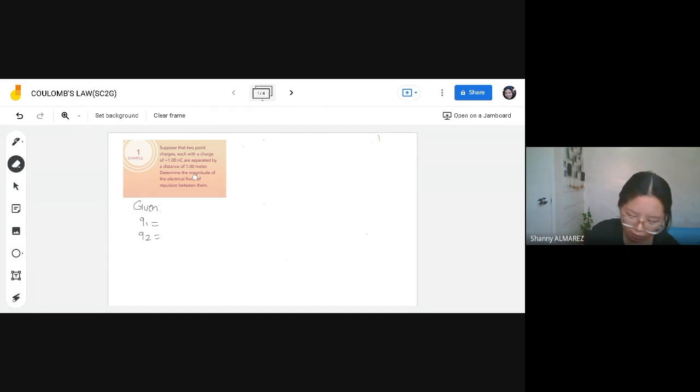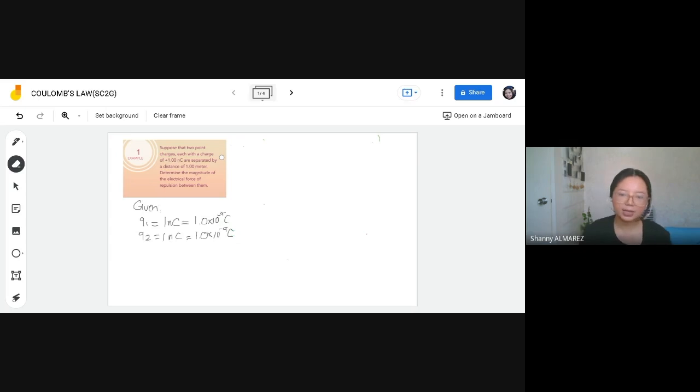So, we can just write 1 nanocoulomb, 1 nanocoulomb. Next, since we have here nano, since gagamitin natin siya sa computation, it's a good practice that at the beginning of your problem solving, you can already convert the values para wag kang malito mamaya. So this is also equal to 1.0 times 10 raised to negative 9 coulomb.